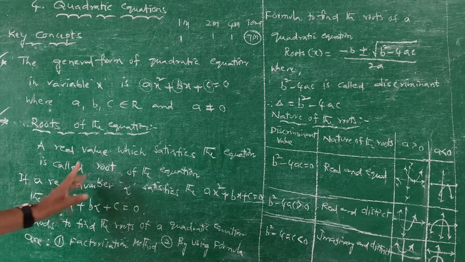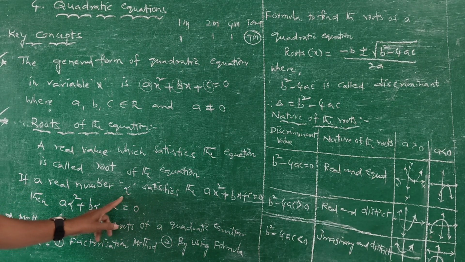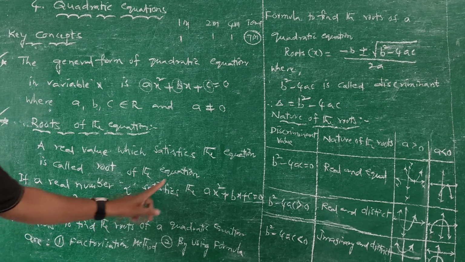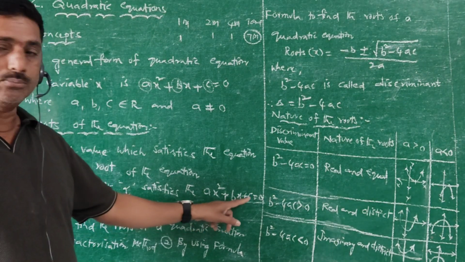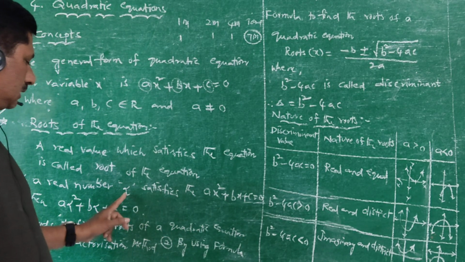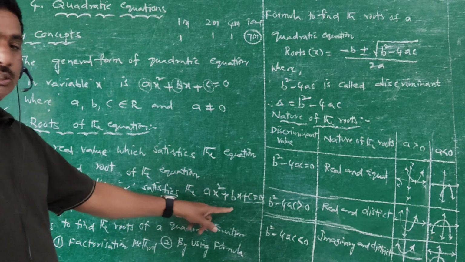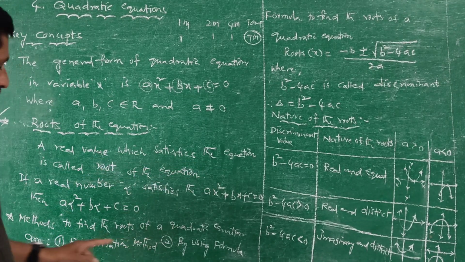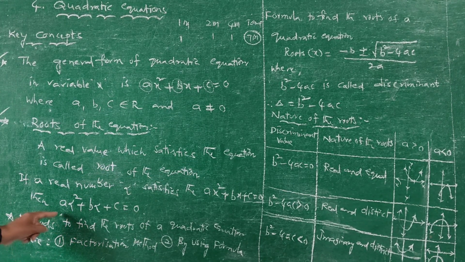Suppose I take a real value alpha, a Greek letter, which satisfies ax square plus bx plus c equals 0. Satisfies means instead of x I substitute alpha: a alpha square plus b alpha plus c equals 0. Then only can we say alpha is a root of the equation.